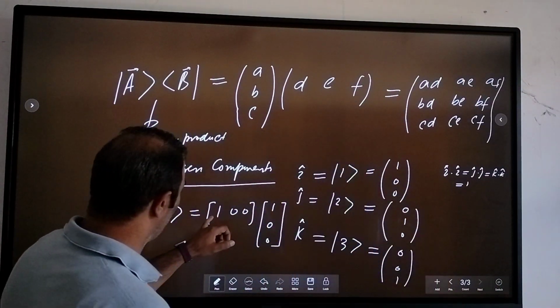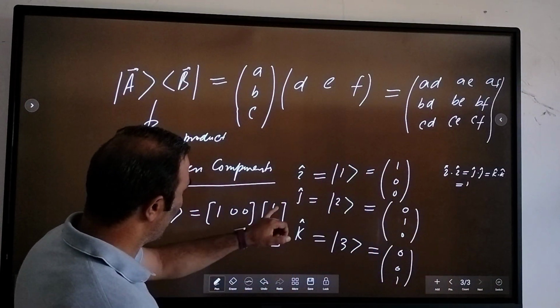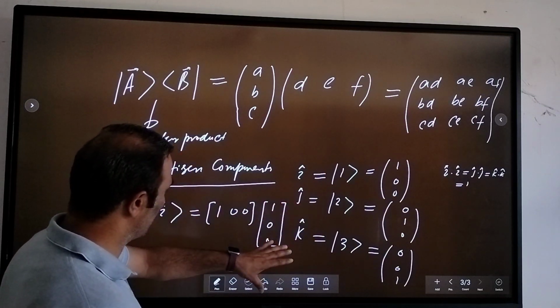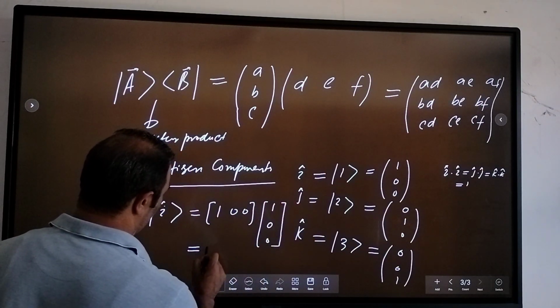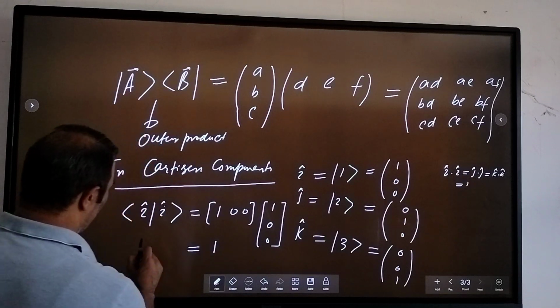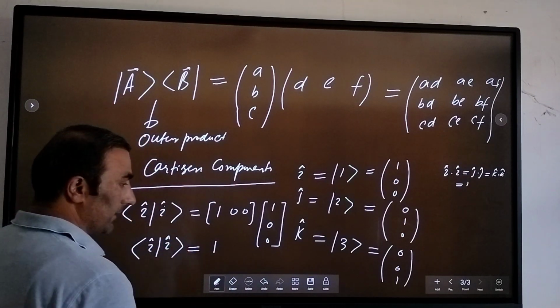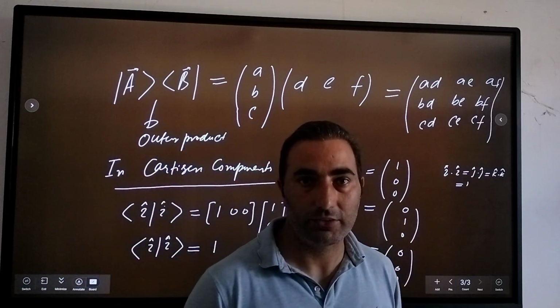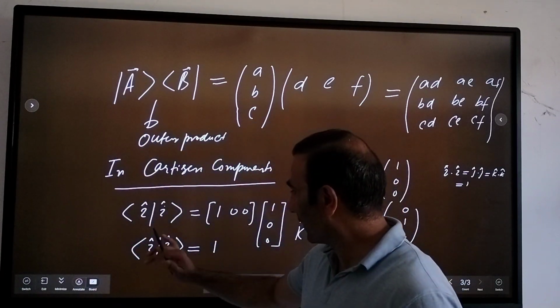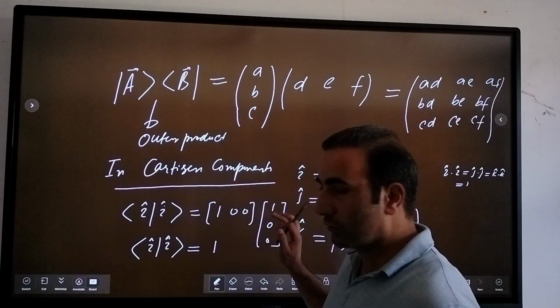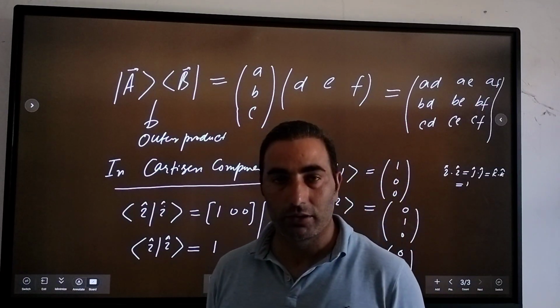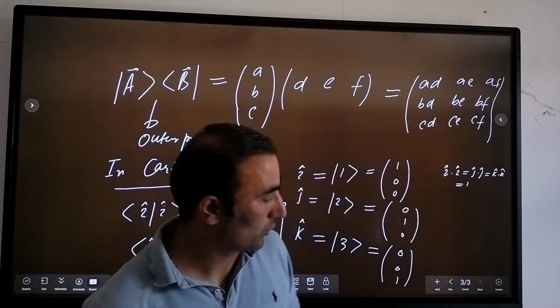So it will be 1 0 0, and this ket i is the same 1 0 0. This is clear, because we have 1 with 1, so the rest will be zero. So this is 1 times 1 plus 0 times 0 plus 0 times 0. So that's equal to 1.